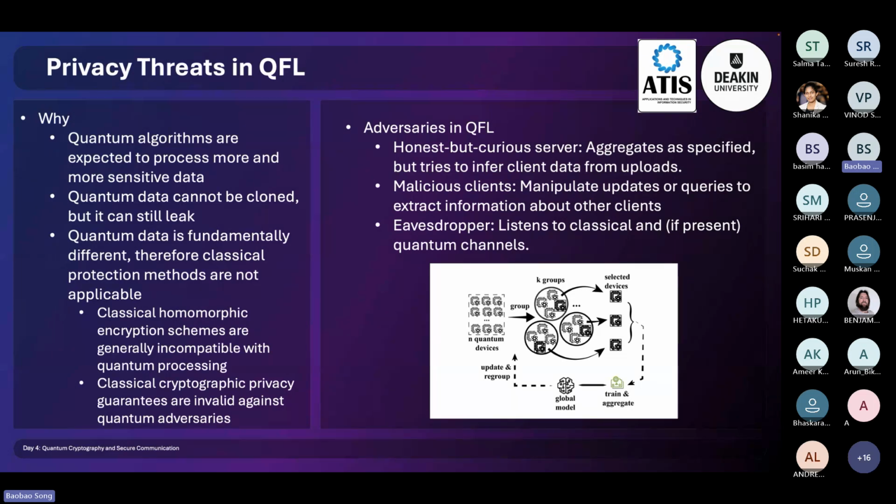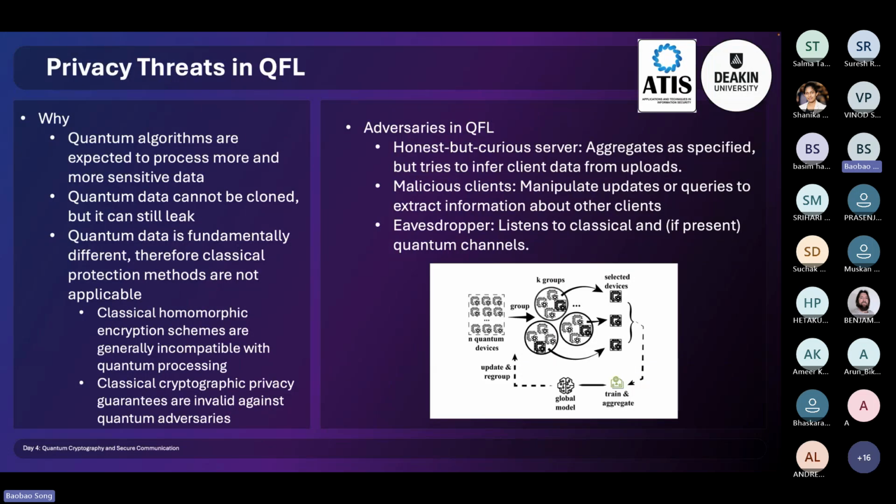On the right side of this slide, we can see a very common structure of quantum federated learning, and there are several different adversaries in quantum federated learning. First, we can assume the server is honest but curious. That means it aggregates as specified, but the server tries to infer the client data from the uploads.